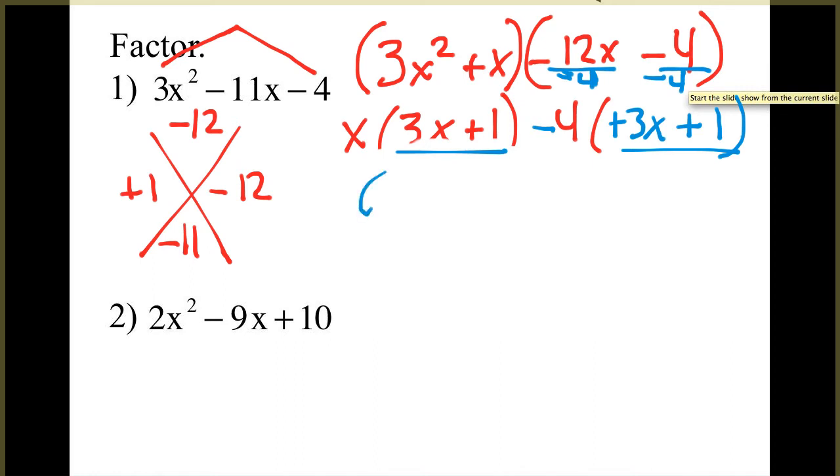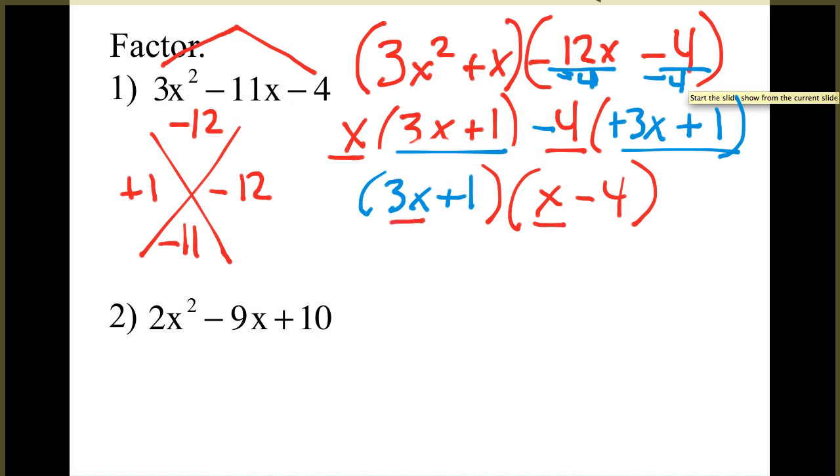I can divide them out. 3x plus 1. And what's left is my x minus 4. I'm going to double check. 3x times x makes my 3x squared. 1 times negative 4 makes my negative 4.